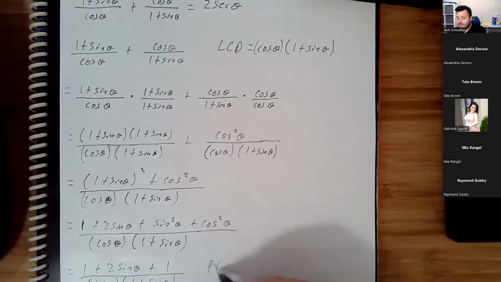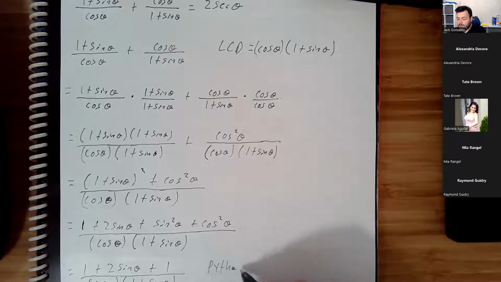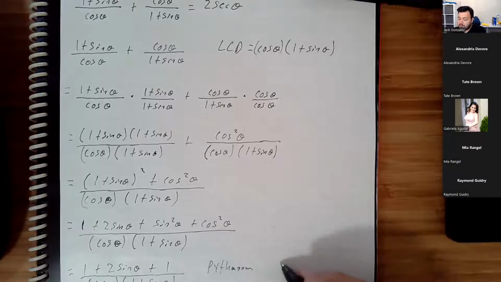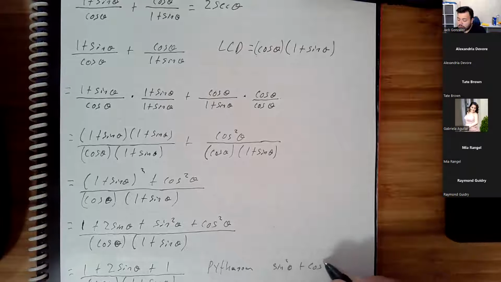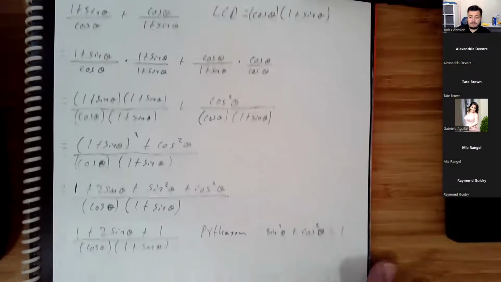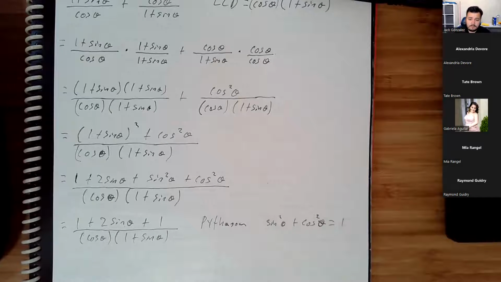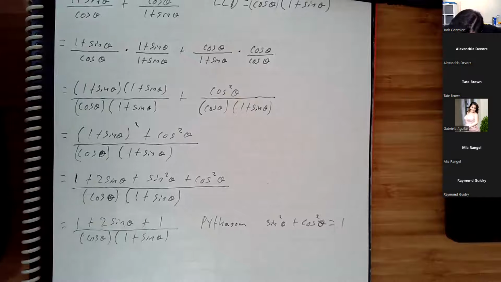So Pythagorean: sine squared theta plus cosine squared theta is equal to 1. The variable doesn't matter. It's always going to be the same. Beta, alpha, theta, x, who cares?